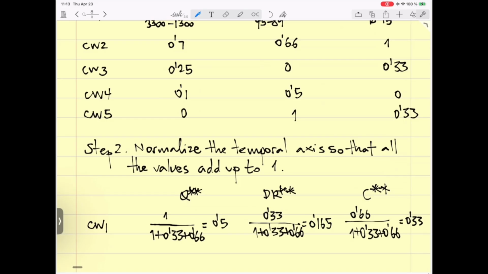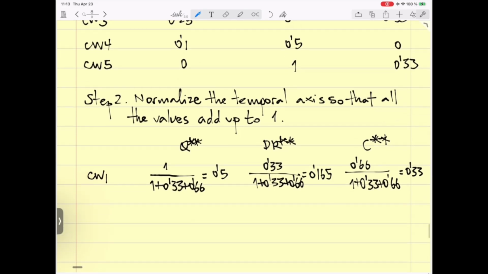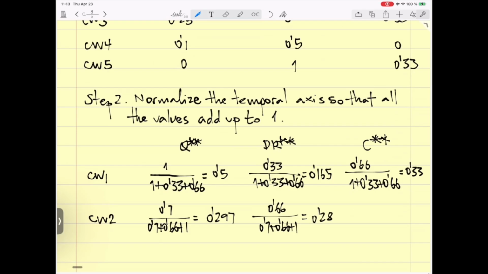Okay, we saw this already in previous lectures when we did the backpropagation last layer. So for the others it is exactly the same. 0.297. 0.66 divided by 0.7 plus 0.66 plus 1 equals 0.28, and then 1 divided by 0.7 plus 0.66 plus 1 equals 0.42.